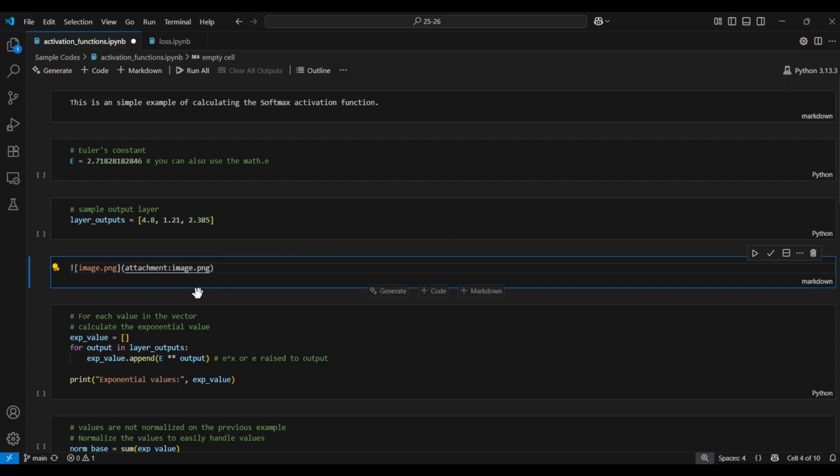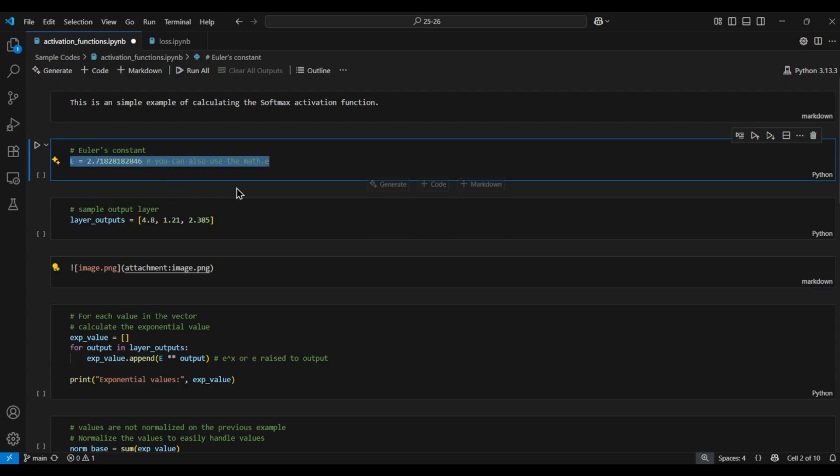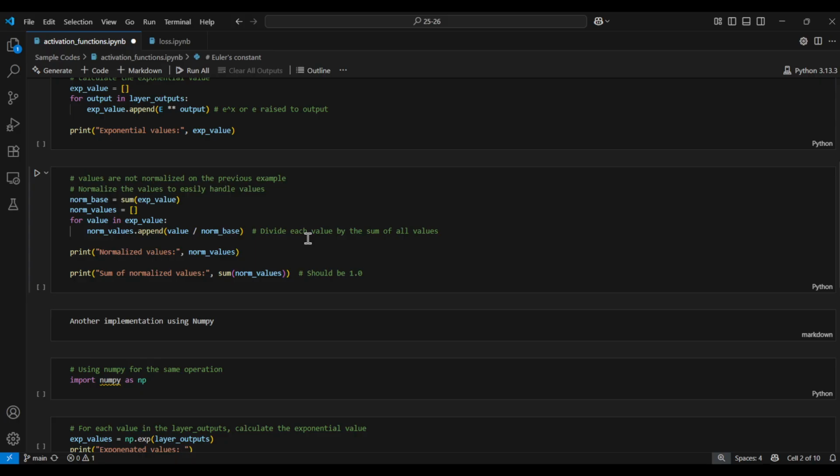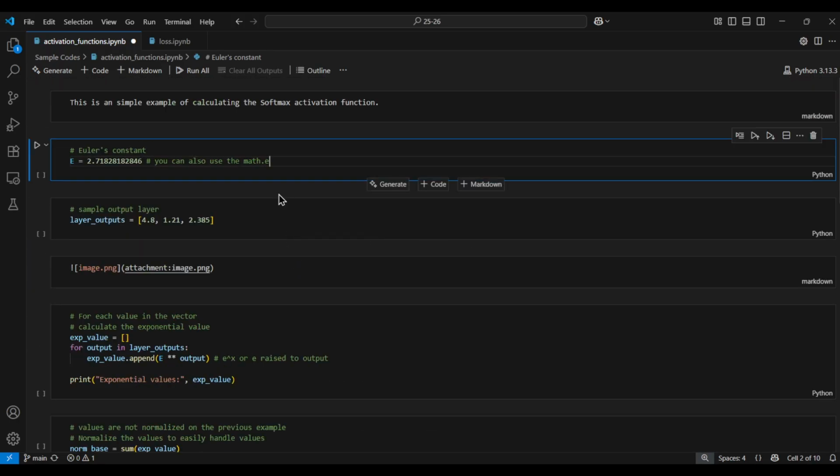This is the equation for the softmax function, and we use the Euler's constant here, so we need to get that specific value. You can put it as a constant, or if you have imported the math package, you can get the exact value of the Euler's constant there.